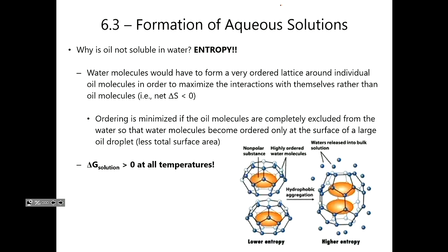So what turns out to happen is that, well, if you get two particles of the oil together, they're going to interact with each other because they like each other. They have the same type of interactions over here, right? And therefore, that would then cause a larger cage of water molecules surrounding these two.